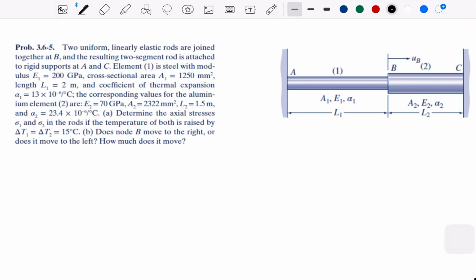Okay, the formula that you need: the elongation or displacement is equal to FL over AE, right? But now we need to add the thermal expansion, so alpha L delta T, right?